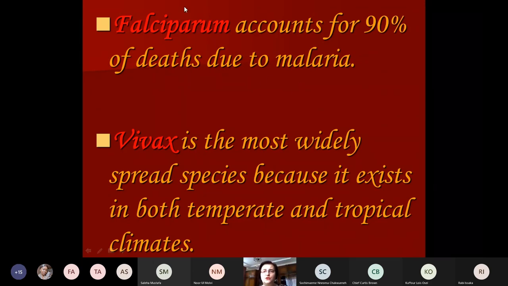It's the most dangerous and severe, but it's not the most widespread. Vivax is the most widely spread species because it exists in both temperate and tropical climates. Vivax can survive even at lower temperatures, below 16 degrees on average.